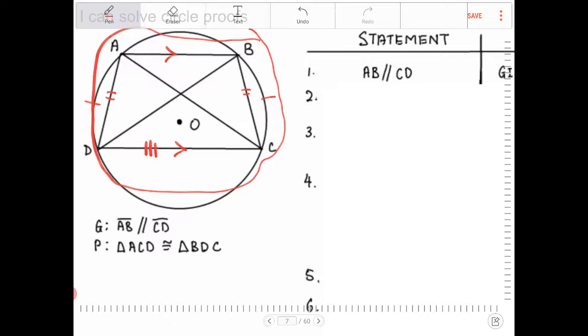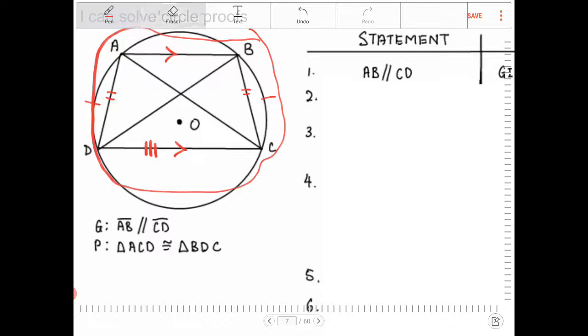What are the requirements for a quadrilateral to be an isosceles trapezoid? We have a pair of sides that are parallel, and the non-parallel sides are supposed to be congruent to one another. So therefore, BD and AC should be congruent, because diagonals in an isosceles trapezoid must be congruent. So we can prove triangle ACD and triangle BDC to be congruent based on side, side, side.